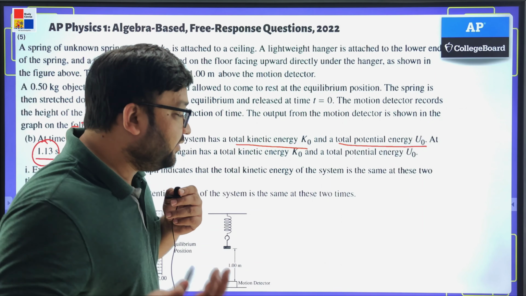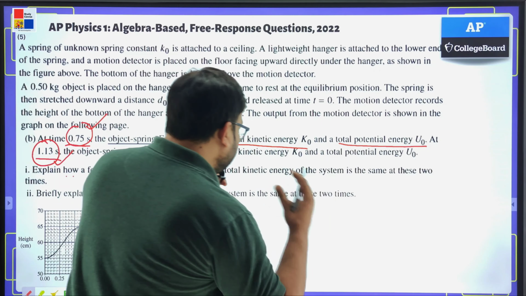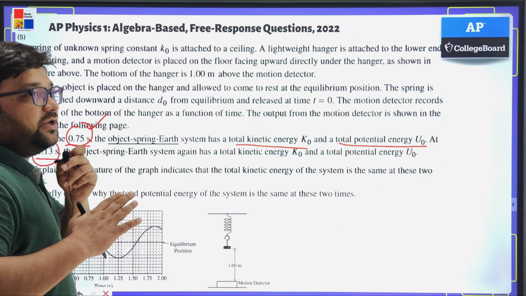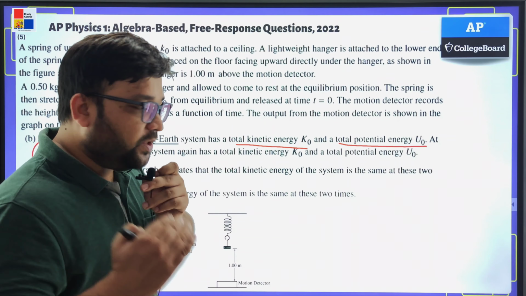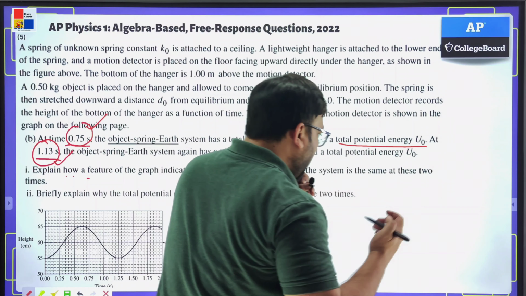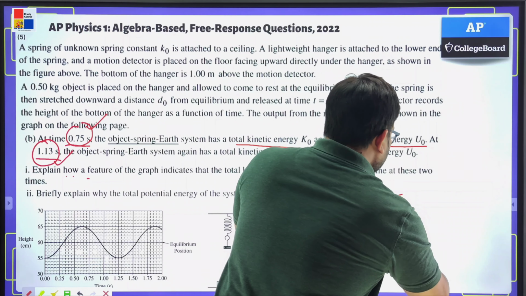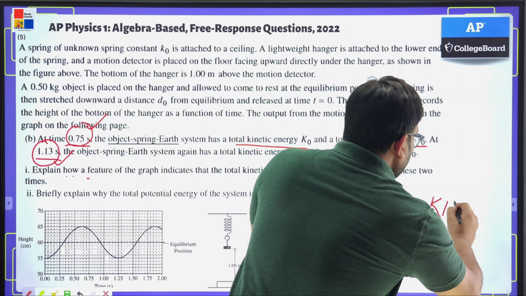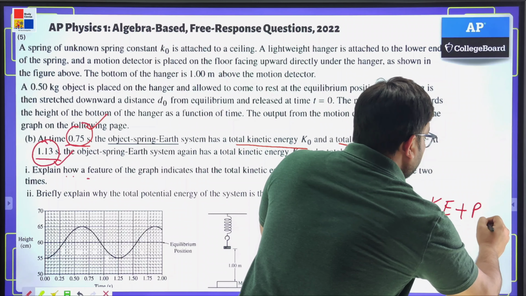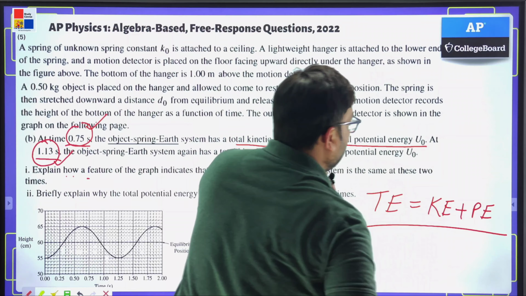I'll try to illustrate how the kinetic energies are the same and the potential energies are the same for the two given instants. I know that the total energy of the system is equal to the kinetic energy plus the potential energy, right?